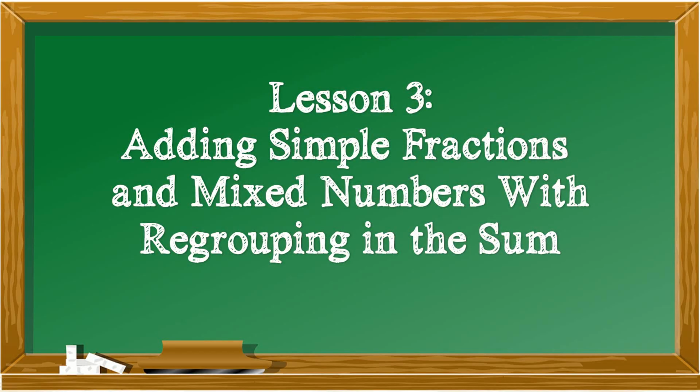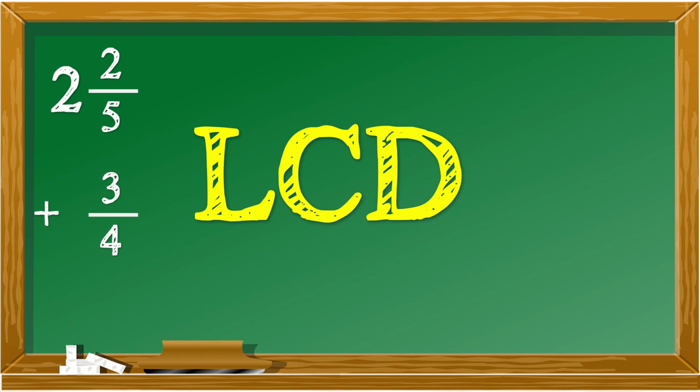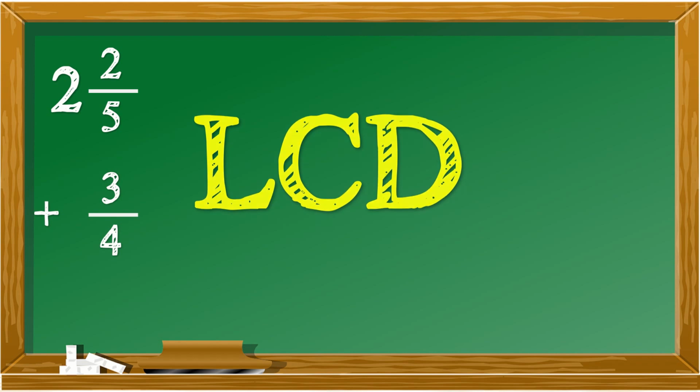For lesson 3, our topic is adding simple fractions and mixed numbers with regrouping in the sum. Let us use 2 and 2/5 and 3/4 as our example. But as you can see, 2/5 and 3/4 are dissimilar fractions. We have to convert them first into similar fractions before adding them. To do that, we need to look for the LCD, or the least common denominator.